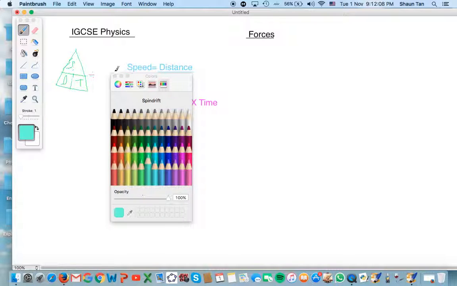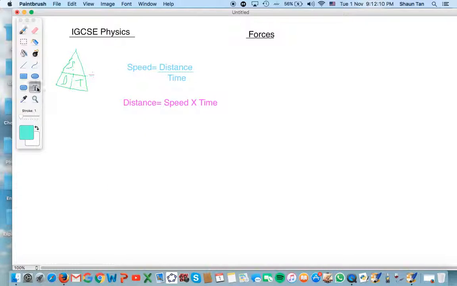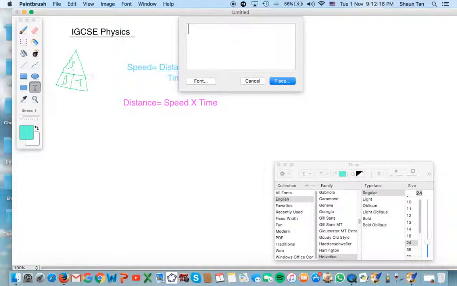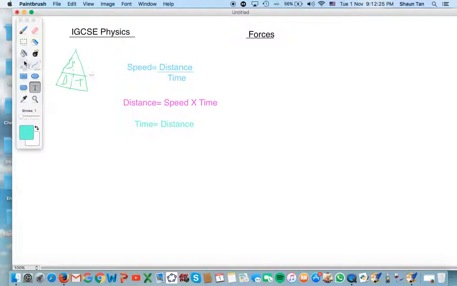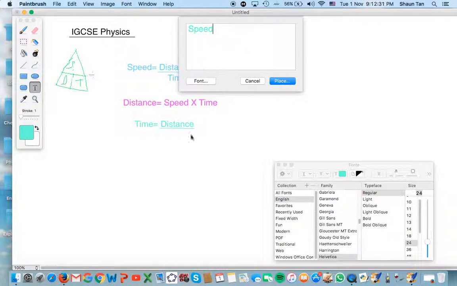And the last and final equation that is really important in this topic, before we can get into the more decent stuff on forces, is the time one, which goes time equals distance over speed.